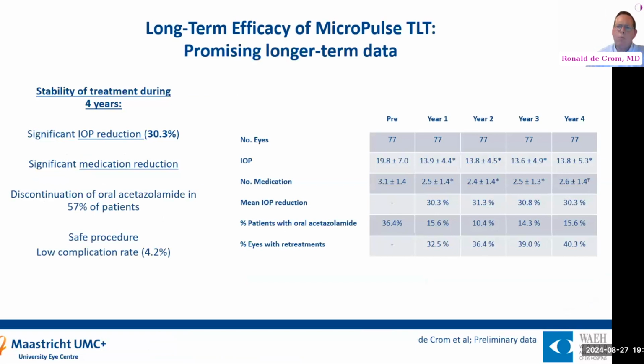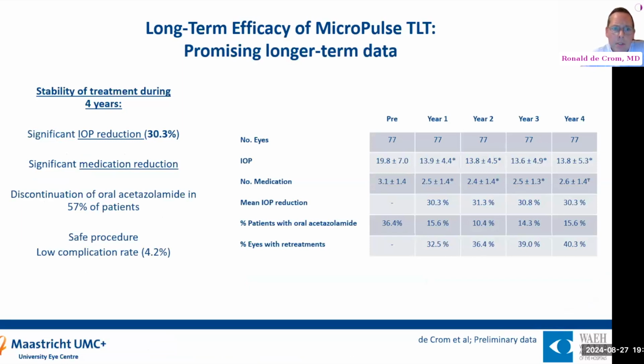These are some preliminary data of our own big MicroPulse database, up to 4-year follow-up. We still see in this population that during the 4 years, the IOP remains very stable.